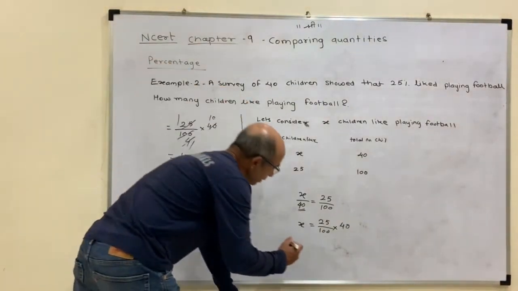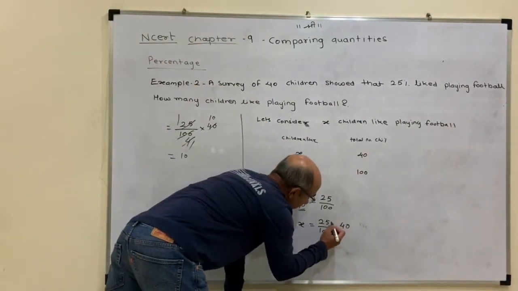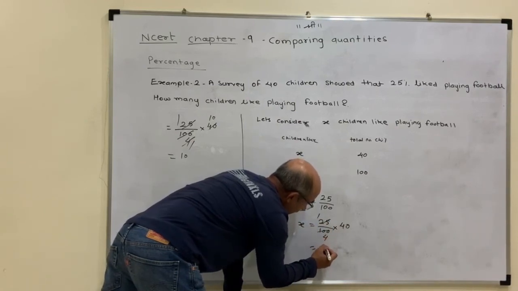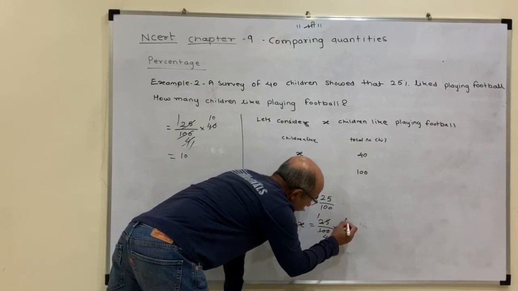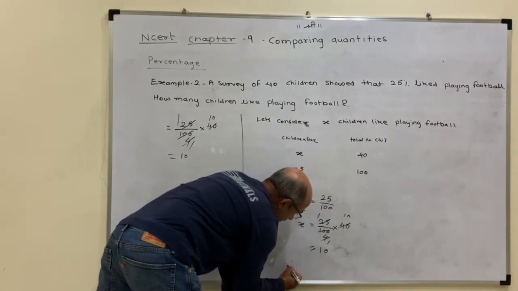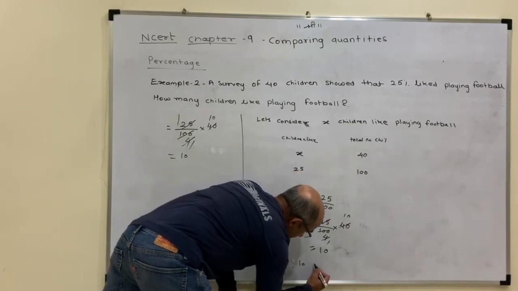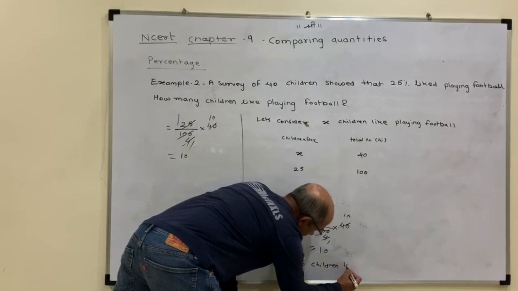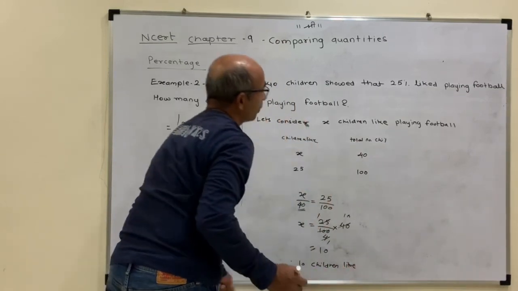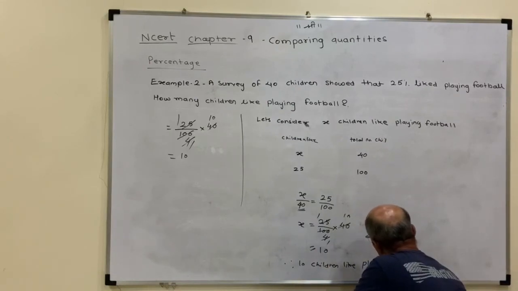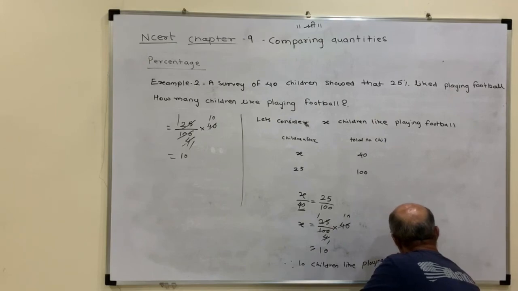So here, 25 ones are 25, 25 fours are 100, and then 4 ones are 4, 4 tens are 40. So X equals 10. So therefore 10 children like playing football.